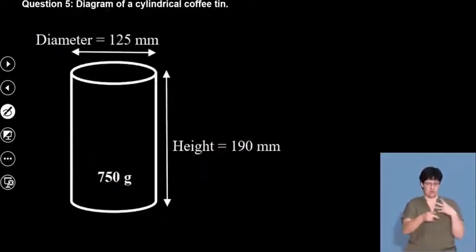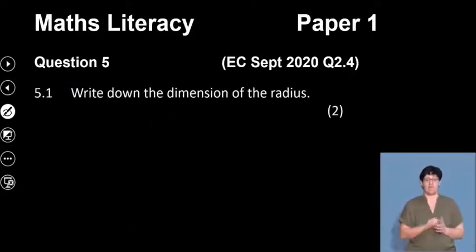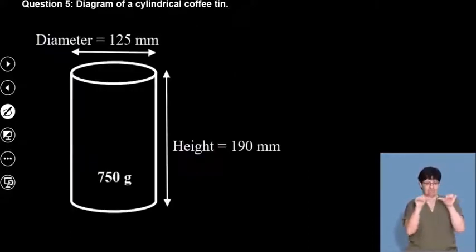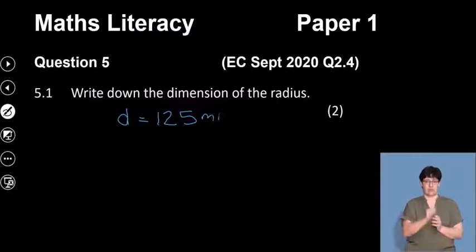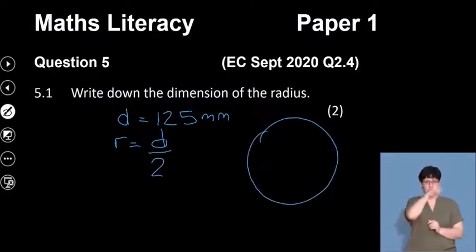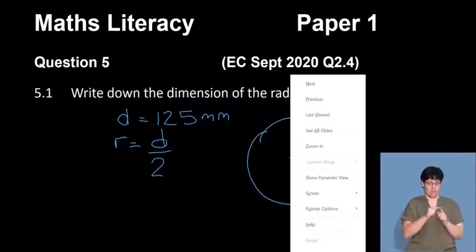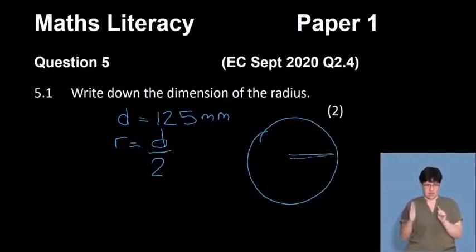So let's do each one at a time. First question says, write down the dimensions of the radius. So I'll go back, my diameter was 125. I'm going to write that in. My diameter was 125 millimeters. My radius, don't forget, is my diameter divided by 2. So I'm going to do a quick revision of what the circle looks like. Our circle from the center to the outside is a radius. And let's change colors.